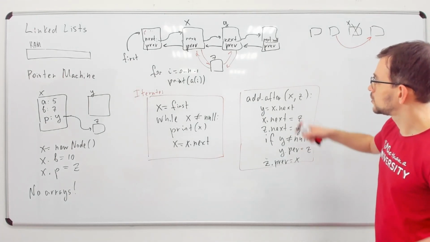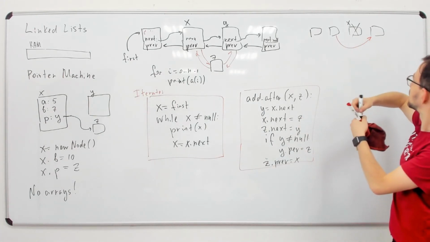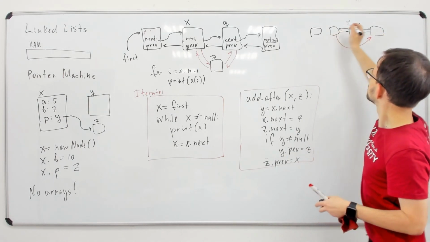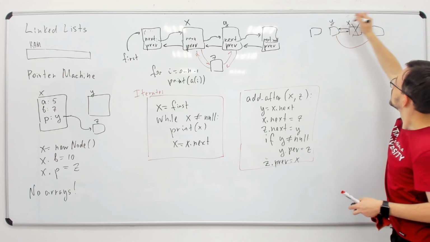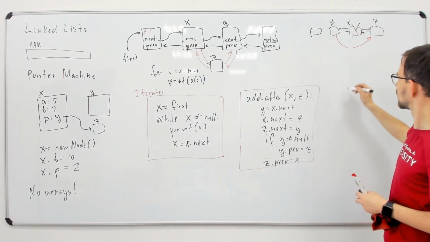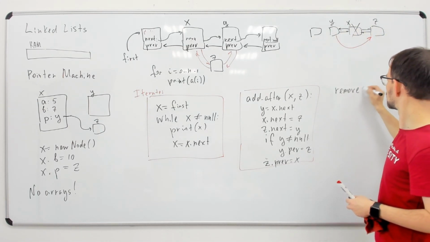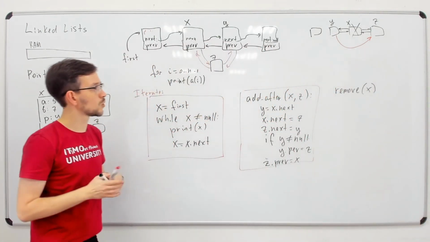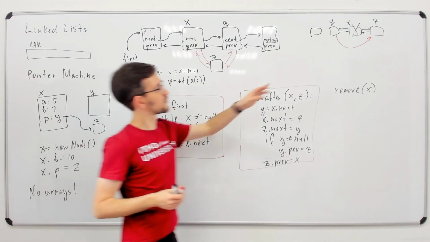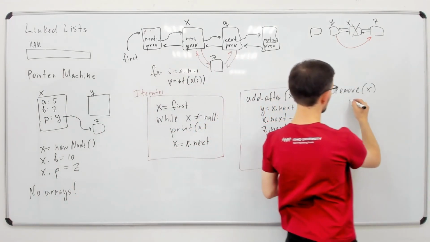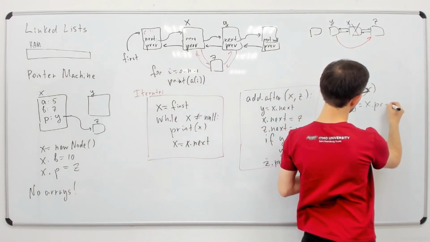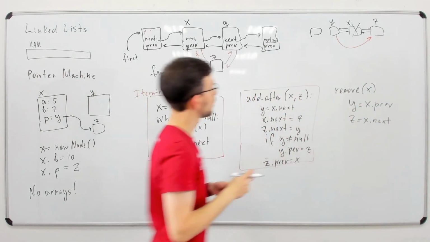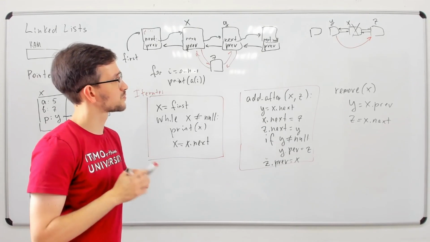How to remove elements? Let's remove some elements. We have this element X, we want to remove it. Let's have previous, next, previous, next. Let's call this element Y, this element Z. If we want to remove element X, let's find the previous and the next element and move these pointers.